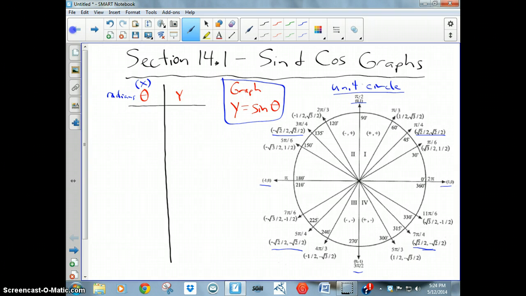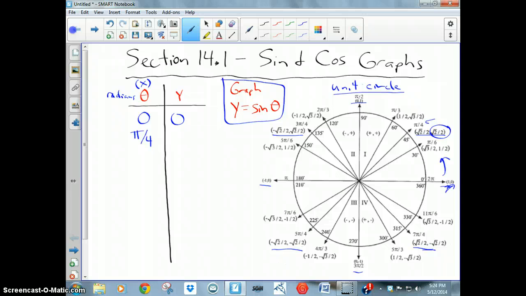All right, well, if we go around the circle in that direction, first of all, we have 0 radians, and the sine value is our second value, which is 0. Now we're going to go 45 degrees. 45 degrees is pi over 4. We're going to use radians, pi over 4, and the sine value is square root of 2 over 2.